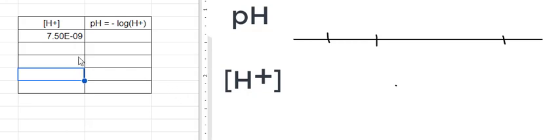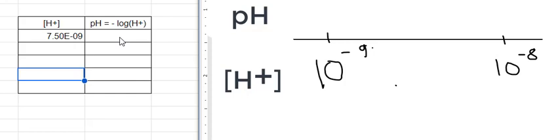So let's say we have an example where the H plus concentration is 7.5 times 10 to the minus 9th. All right, well, let's bracket this H plus concentration with real simple exponential values. At the low end, we have 1 times 10 to the minus 9th. I'll just write 10 to the minus 9th here. And at the high end, we have 10 to the minus 8th.